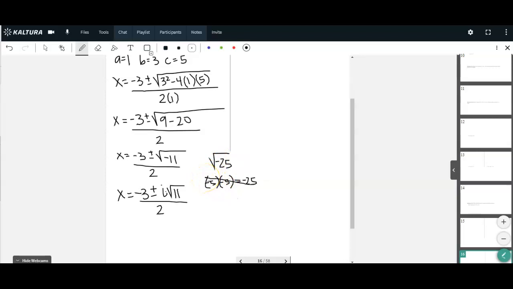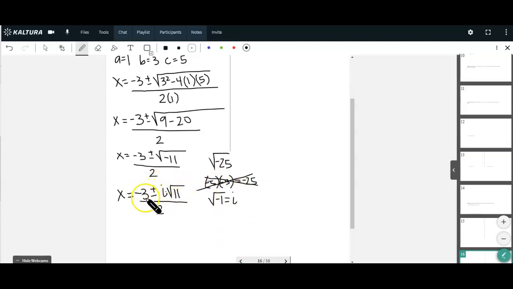So there's no way I can take the square root of a negative number. In order to deal with these, we have to use the imaginary number system, and the square root of -1. Whenever we have the square root of a negative number, that's always going to equal i. That makes sense. So that's what we have to do here.